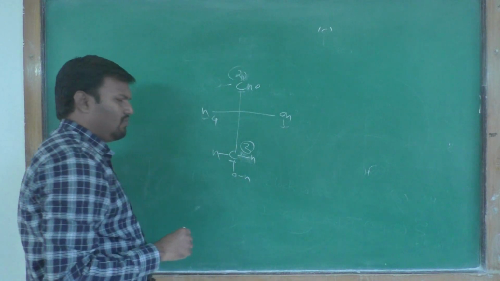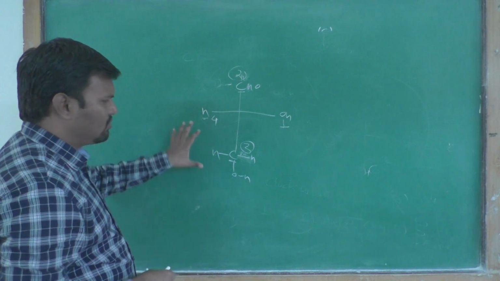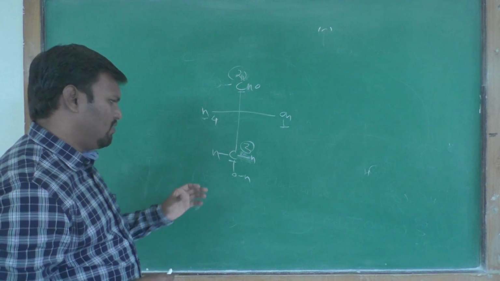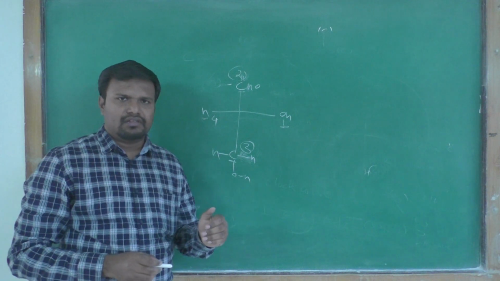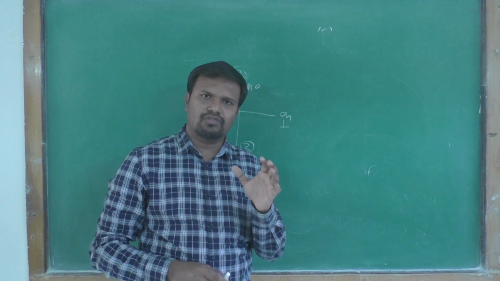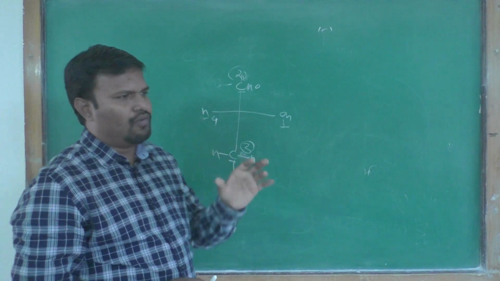When you find out the R and S configuration in such a Fischer projection, we have learned the 3 rules. That is, you give the first priority, and you observe the molecule in such a way that the least priority group should be away from the observer.